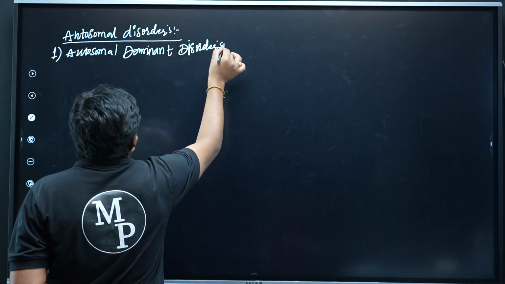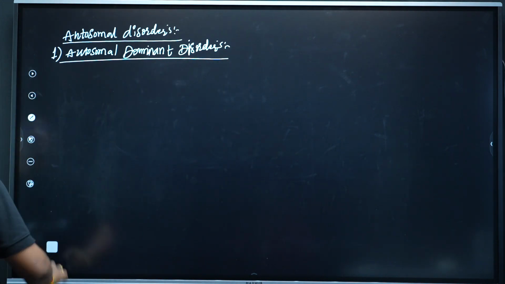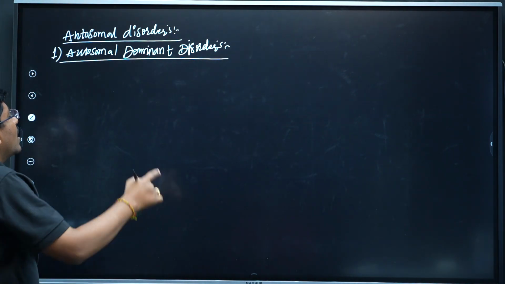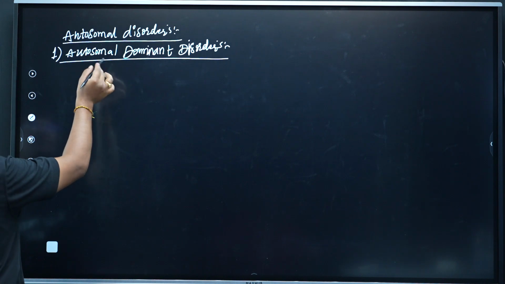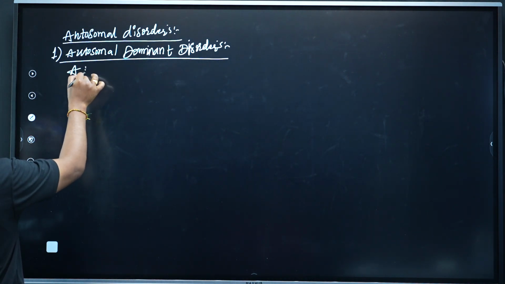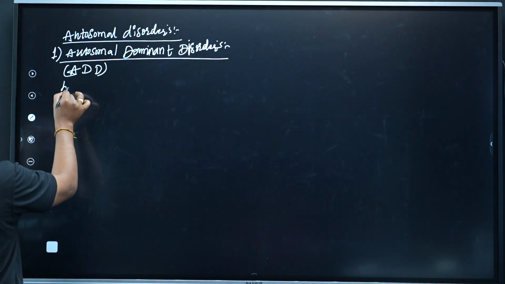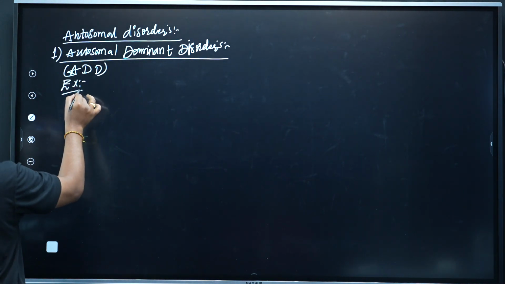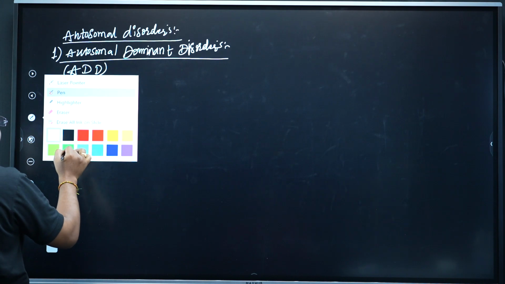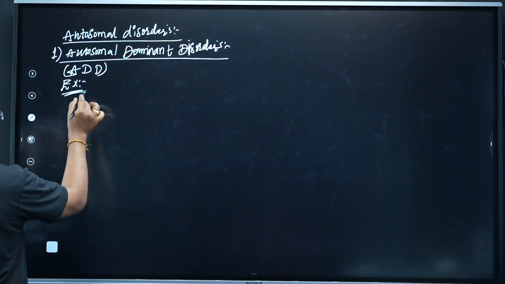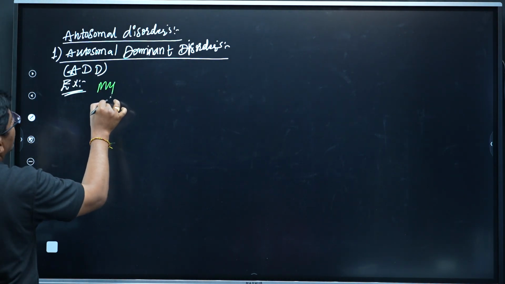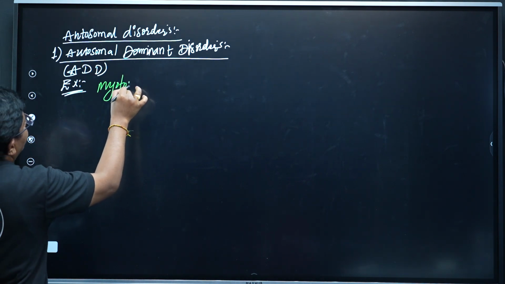Autosomal dominant disorders here, an example: only one example is there actually, that is myotonic dystrophy.